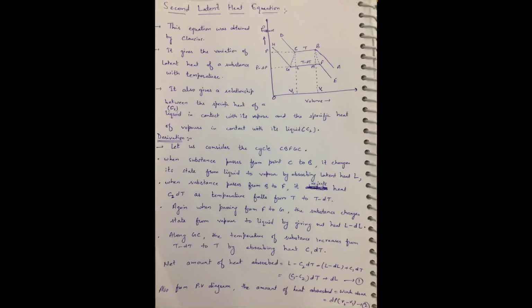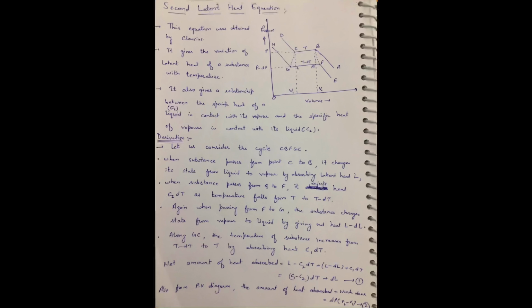So here we assume the specific heat as C2, and at points G and C, at both these points the substance is in its liquid state but also in contact with its vapor state. This specific heat is represented by C1.